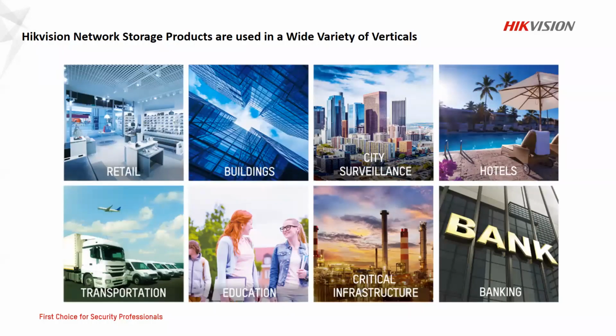You can see some examples here of where these products can be really useful. Large retailers will have multiple sites spread across the country. They could have an NVR at each location, but then back up everything to a SAN at one central location. A large city may need a very large number of cameras, more than an NVR can support. Rather than using multiple NVRs, you can use a hybrid SAN.